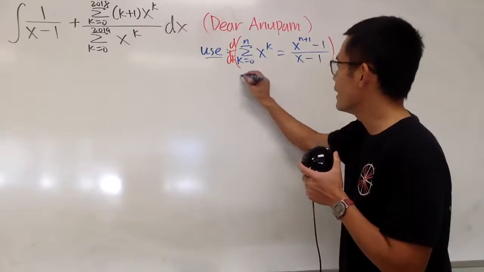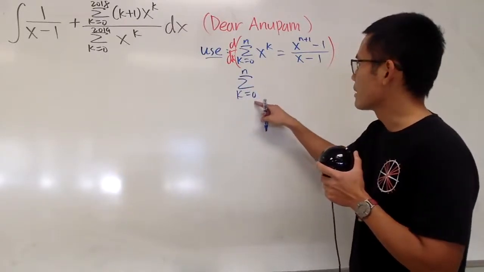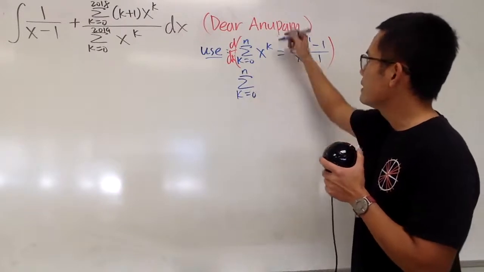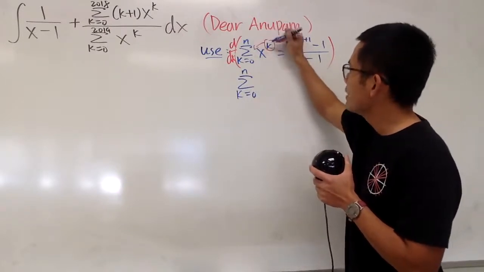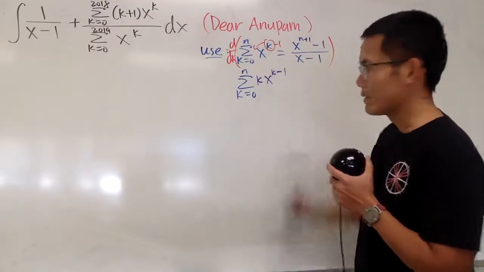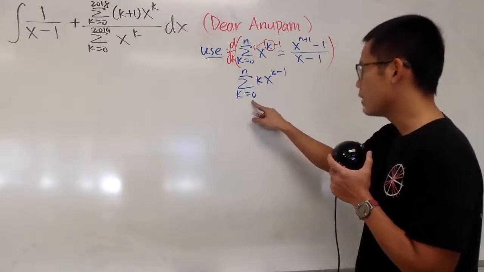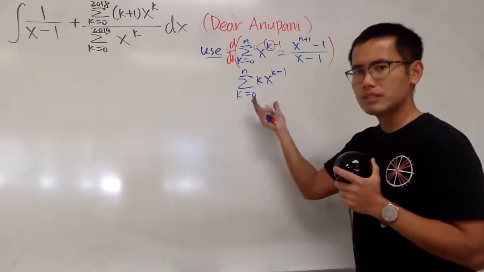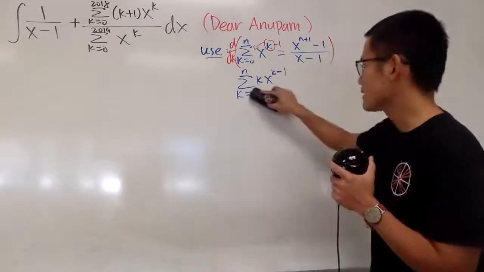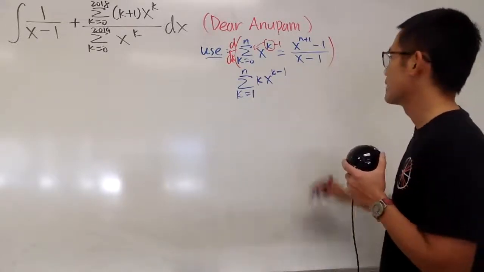This is going to be the sum from k equals 0 to n, and you bring the k to the front and minus 1, so you end up with k x to the k minus 1. Notice though, if k goes from 0, you put it here, that's 0, so it doesn't matter. In fact, you can just write k as going from 1 to n.